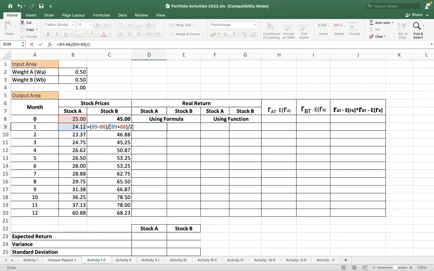We should bring this average value within brackets, because otherwise the division will be applied earlier. That is basic mathematics. We just get the differences, right? Then press enter.